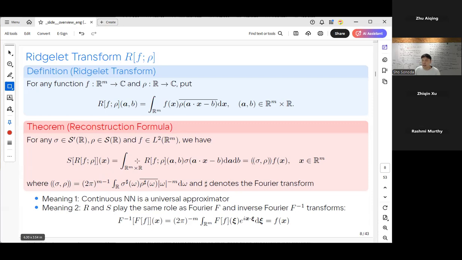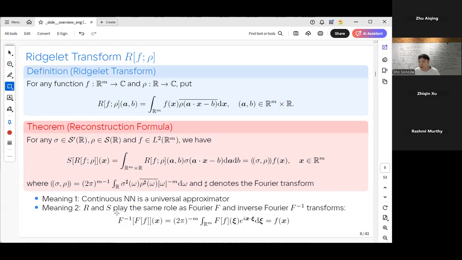And the second meaning is that the Ridgelet transform R and the continuous neural network operator S play the same role as the Fourier and the inverse Fourier transforms. The Ridgelet transform encodes the information of function f on the parameter domain, right? On the other hand, the Fourier transform encodes the information of function f on the frequency domain.